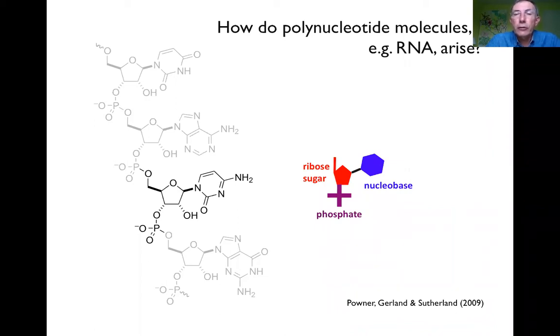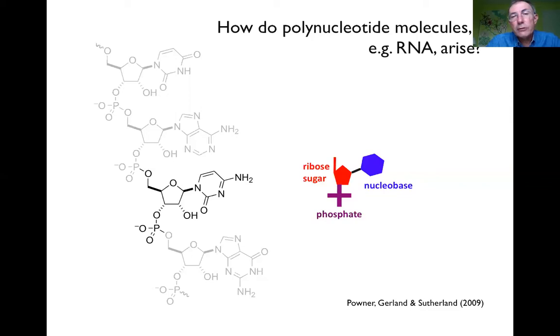We know how they are synthesized by life today, and it is done in a very complicated way with the help of very sophisticated proteins, which are called enzymes, and it has nothing to do with the origin of life. It's just 4 billion years of evolution.